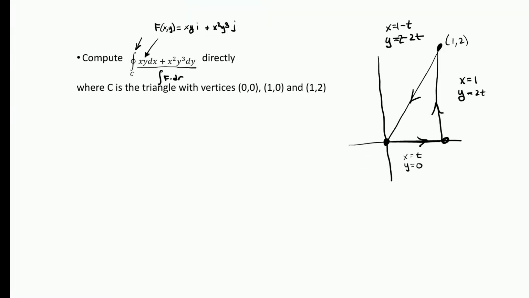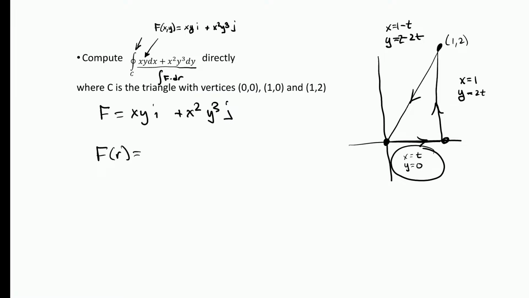Okay, so let's set this up. 3 separate integrals. I need my function f, which is xy i plus x squared y cubed j. So let's do the first one. I better write it out, f of r.